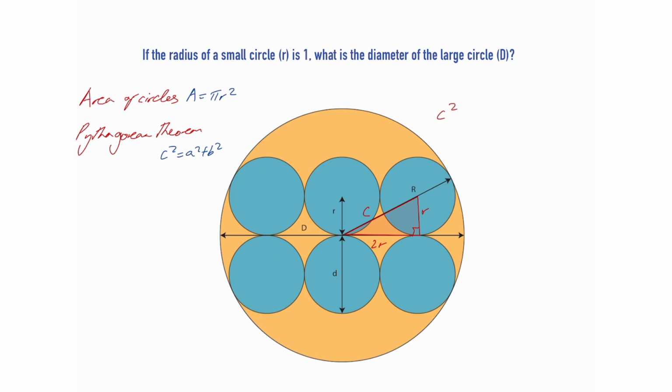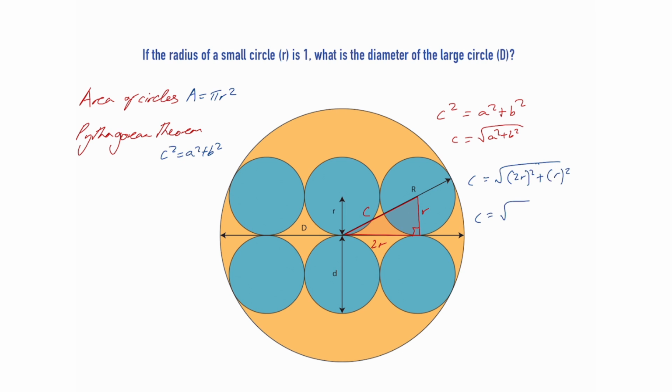So c squared equals a squared plus b squared, so c equals square root of a squared plus b squared. Excuse my messy handwriting. Let's plug in those values. c is equal to square root of (2r) squared plus r squared.